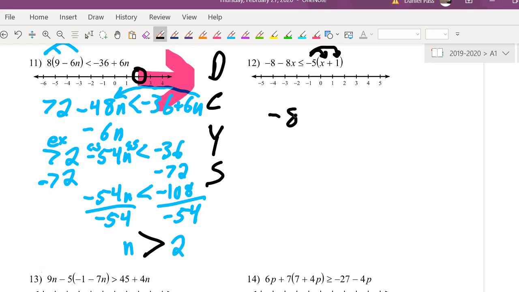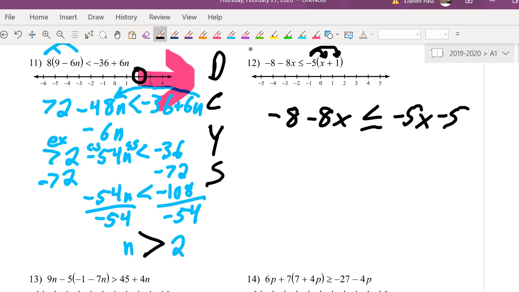Distributing negative 8 minus 8x less than or equal to negative 5x minus 5. All right, we distributed. Next is combining like terms. I gave you lots of different ways to remember this. So I want you to remember it. It's very important. I don't want us getting to the test. What's next?